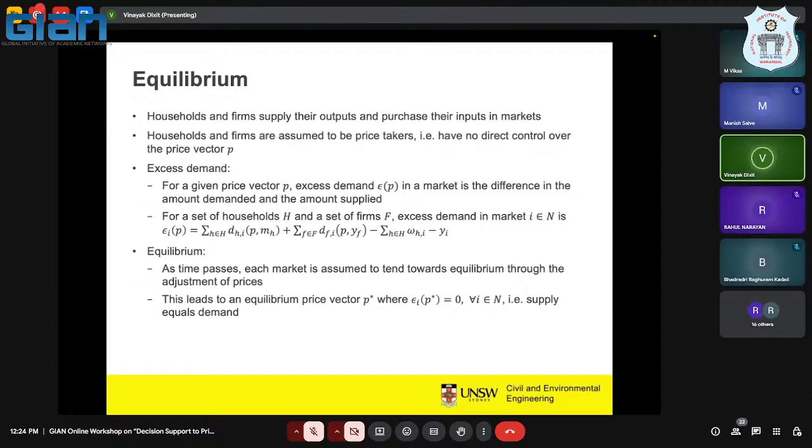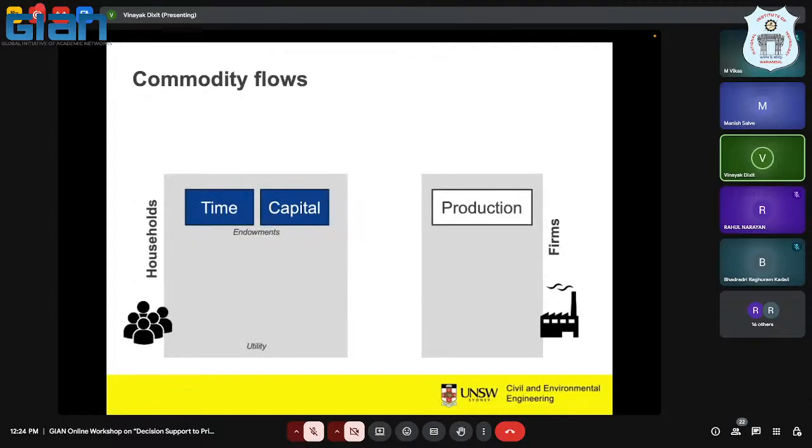Excess demand in a market is the difference between the amount demanded and the amount supplied. So what we are trying to do is find the prices in our network such that this demand minus supply is equal to 0. This is the demand and that's the supply.